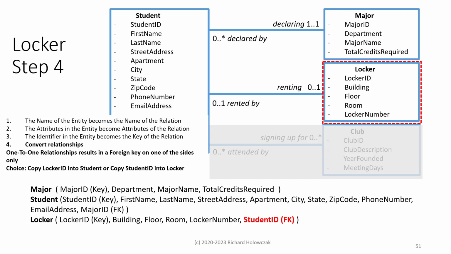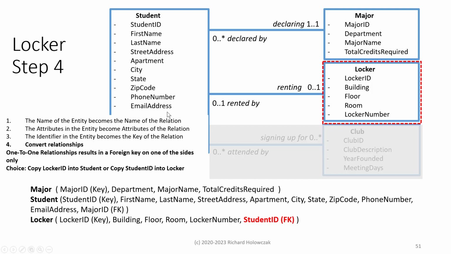Logically, when we have a one-to-one relationship, one student may be renting one and only one locker, and a locker may be rented by one and only one student. These are the ones, so it's a one-to-one relationship. Logically, we can copy either key to either side. We could copy student ID into locker or locker ID into student.